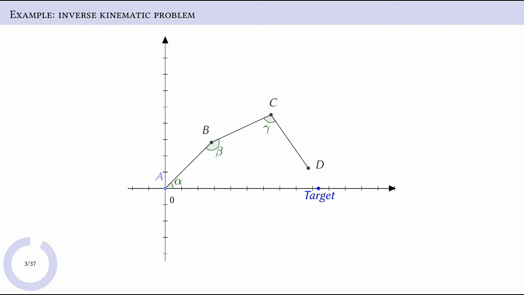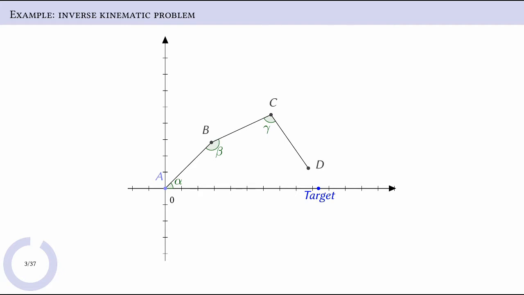We know where the point D should be positioned, we know the target, we know the orientation of this robot at the target, so we know from which direction the point D should approach the target, and knowing these two things we need to compute the corresponding alpha, beta and gamma.